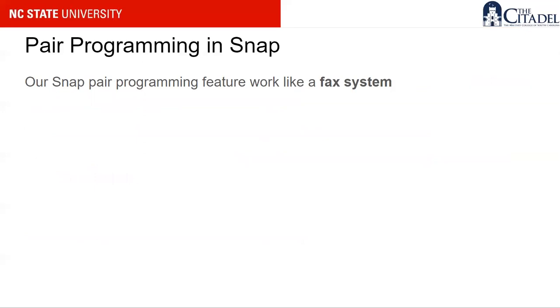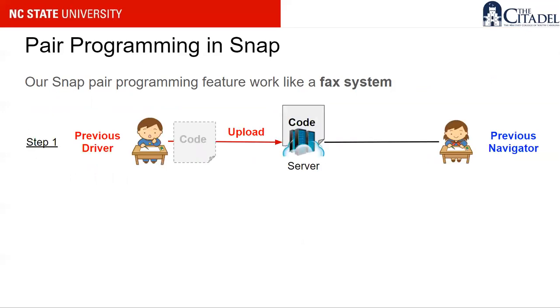In order to facilitate pair programming online, where people cannot physically work together on one computer, we added a pair programming feature into the Snap environment to facilitate role switching. When doing the role switching, our pair programming feature will work like a fax system, which includes a two-step process.